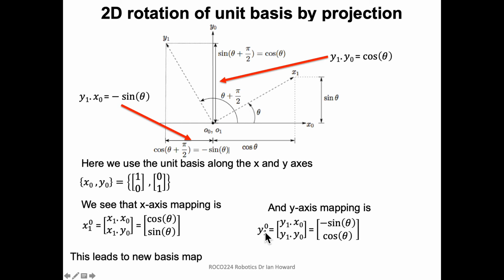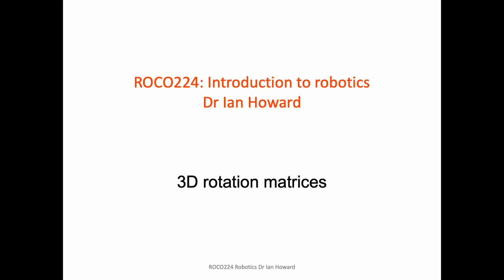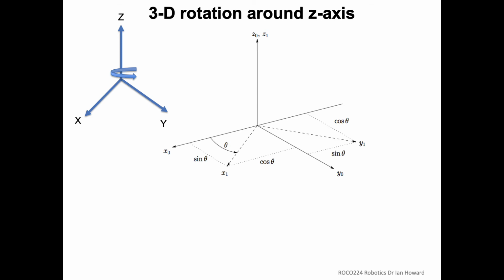And if we concatenate those two together, then we end up with the rotation matrix we had before, which gives us the way to transform x0 and y0 data points back into the coordinate frame. We can use projections in order to analyze things in 3 dimensions as well.